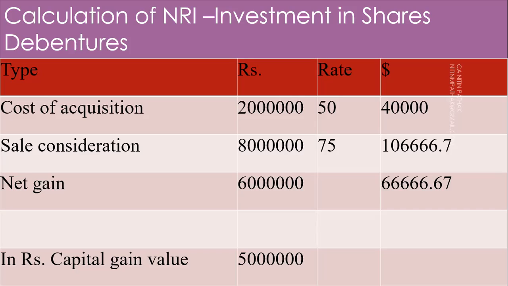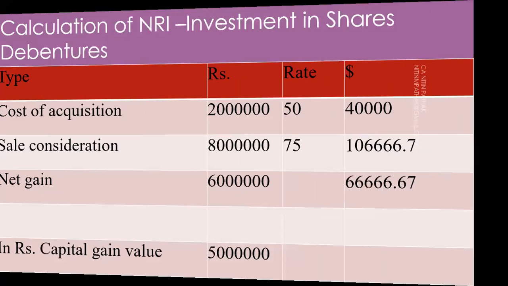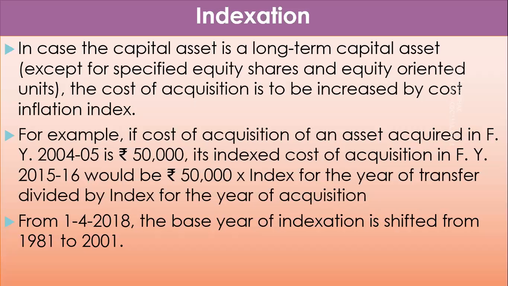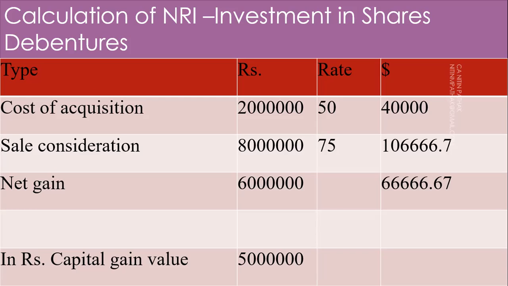Here there won't be any indexation. There won't be any other benefit. Are you clear? This is the computation for the purpose of non-resident. Non-residents would not be entitled to indexation, but they would be entitled to their cost of acquisition and sales consideration, which would be considered on the date on which you have made the payment in convertible foreign exchange, and you would be entitled for this.